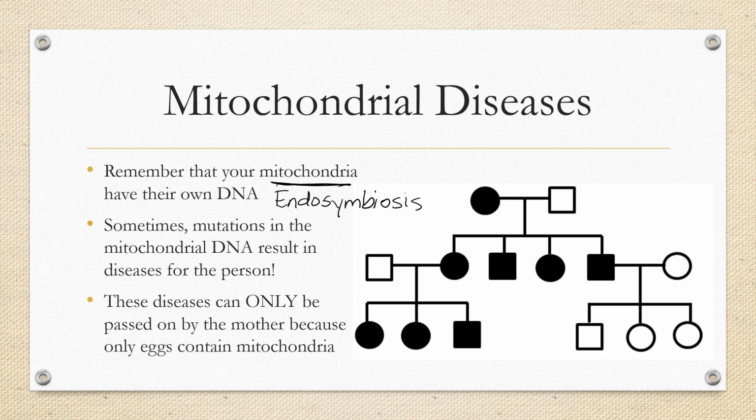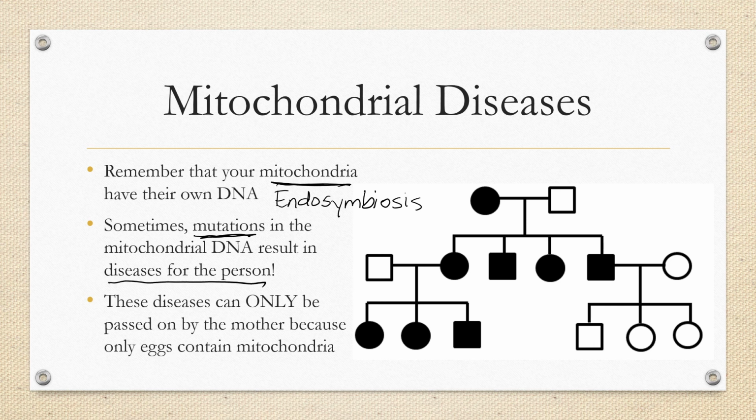We became symbionts with them. Now, sometimes this DNA in the mitochondria has its own mutations that are separate from your genetic mutations in your DNA. So even though it's just your mitochondria that have a mutation, the result is disease in the person who has that diseased mitochondria.